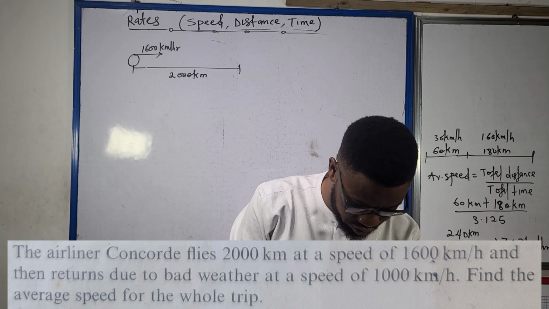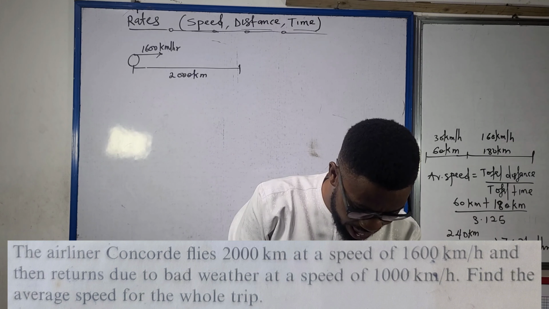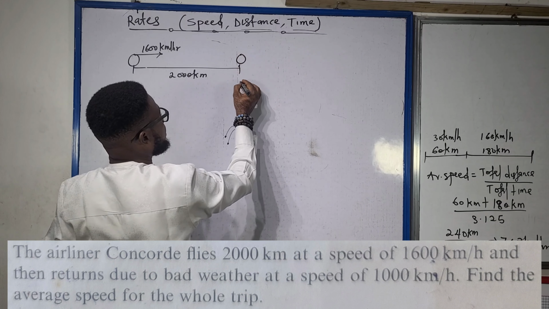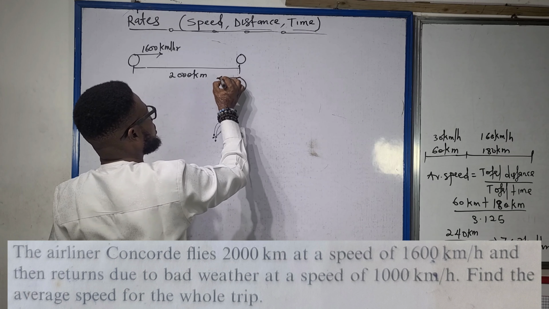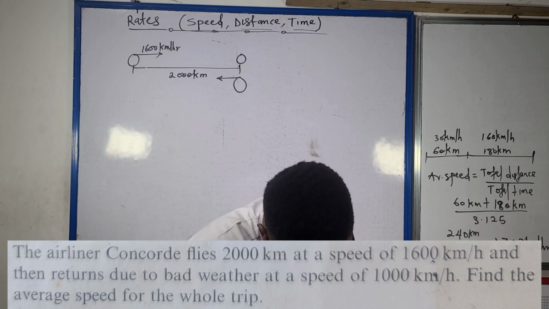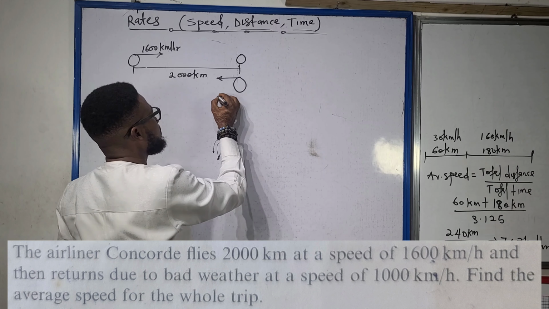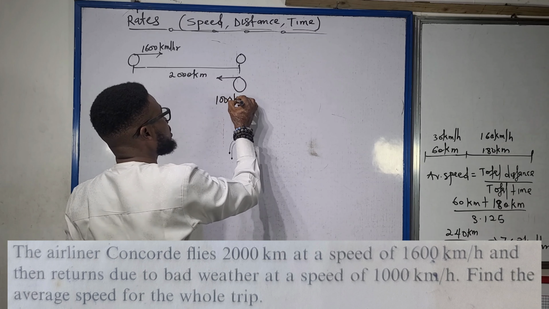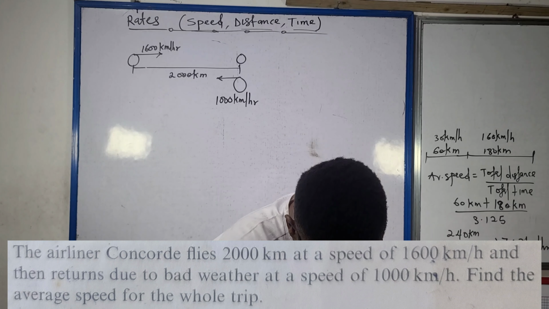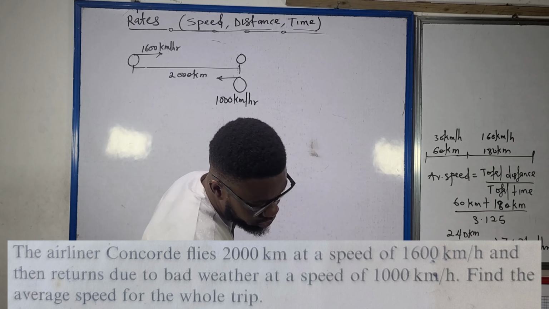It got here and then decided to return, but this time at a speed of 1,000 kilometers per hour. We were told to find the average speed for the whole trip.